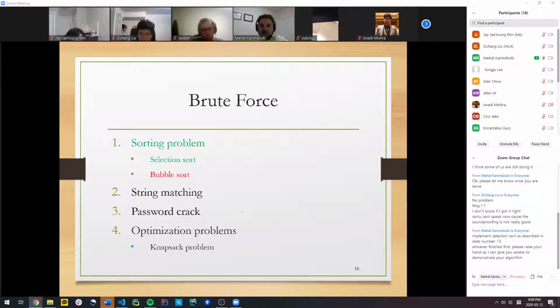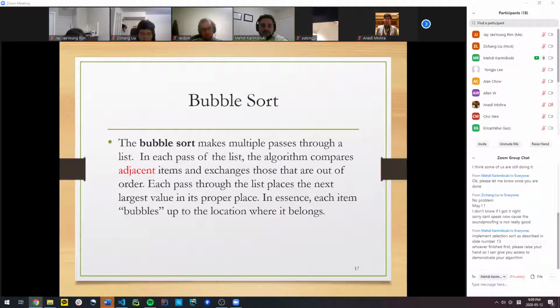Next, we're gonna look at bubble sort, right? So selection sort is kind of a brute force algorithm. Bubble sort is also another algorithm in the brute force category. The reason why it is, is because it makes multiple passes through a list, and in each pass, it looks at the adjacent items and exchanges them if they're out of order.